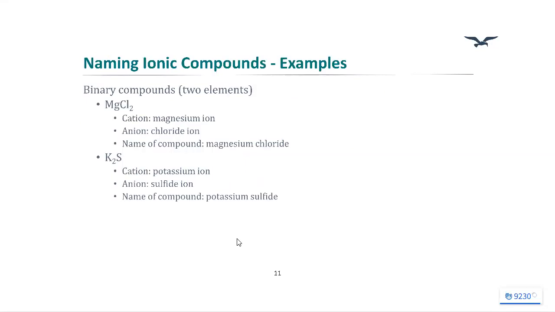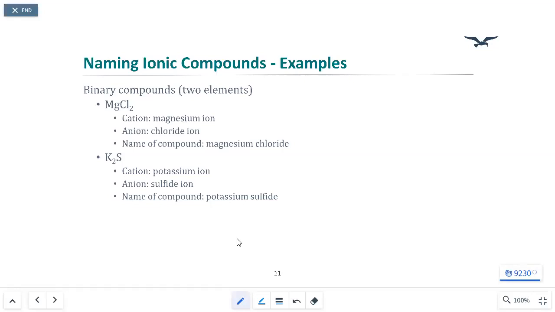So we can look at a couple of examples. Let's say that we have these compounds. I've got MgCl2. Well, I can look at the formula here and recognize, okay, this is just magnesium. So the cation's name is magnesium ion.